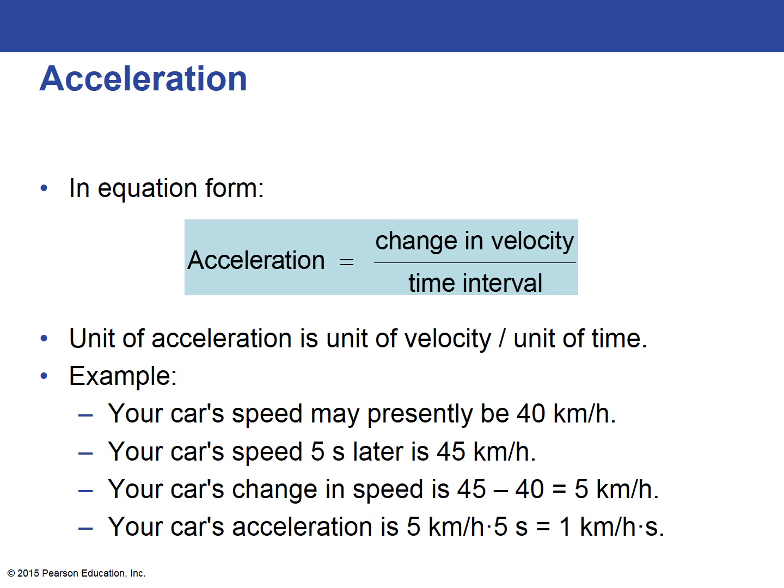Based on our definition, we can calculate the car's acceleration. The change in speed is 5 kilometers per hour, which occurs over 5 seconds of time. Therefore, the acceleration is 1 kilometer per hour per second.